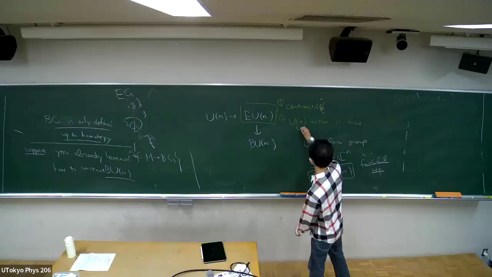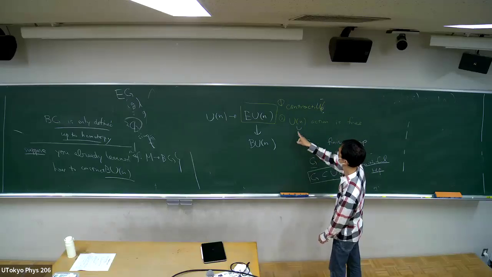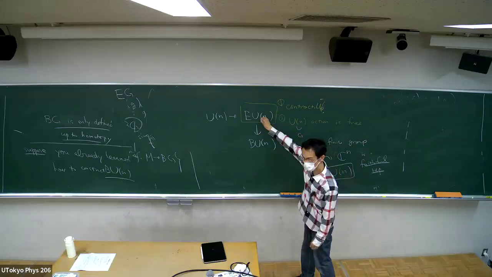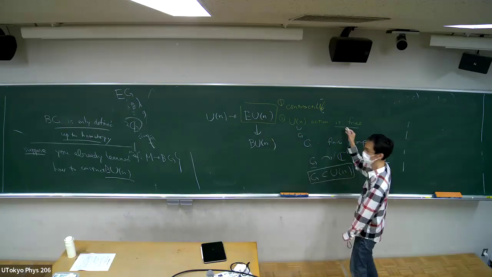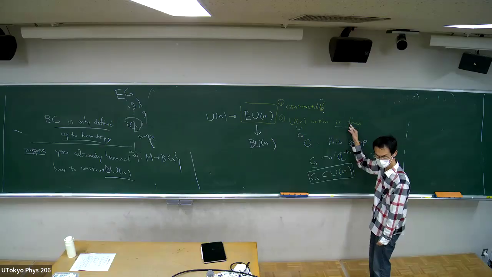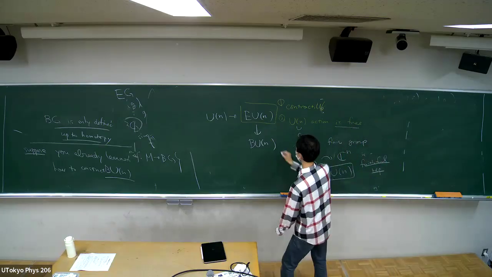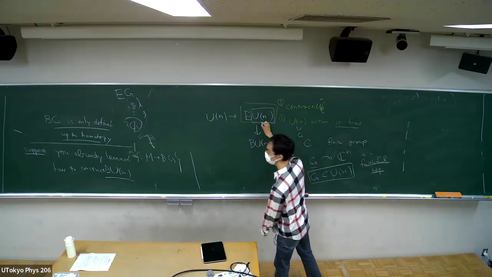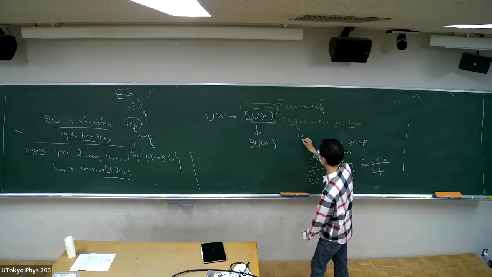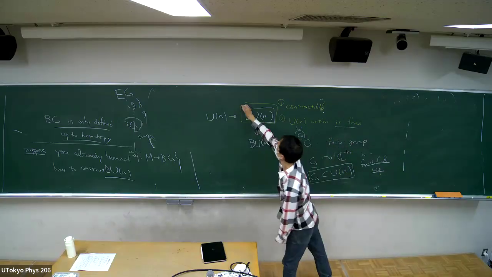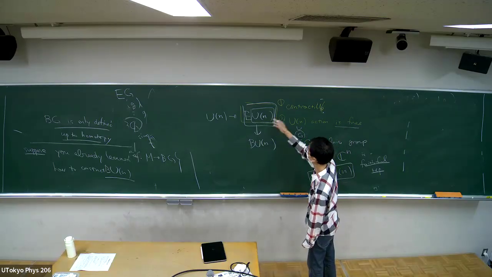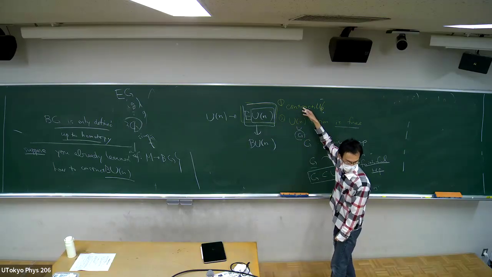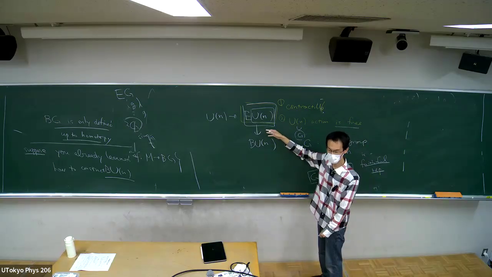Therefore, this G also acts on EUN in a free fashion. This means that for sufficiently big UN, such that it contains G, EUN satisfies both the conditions necessary for being EG.